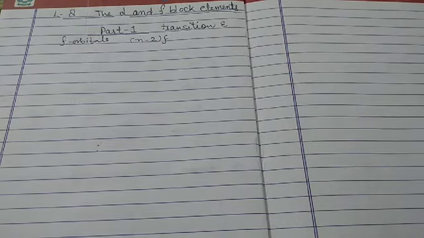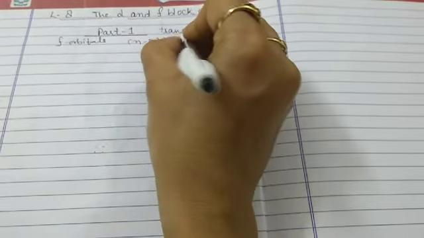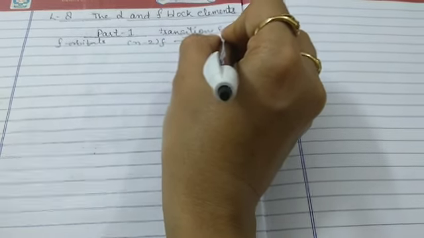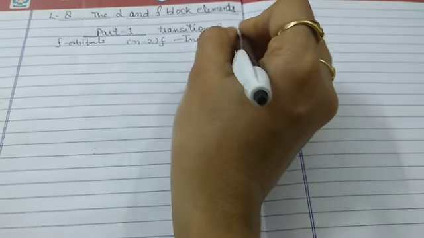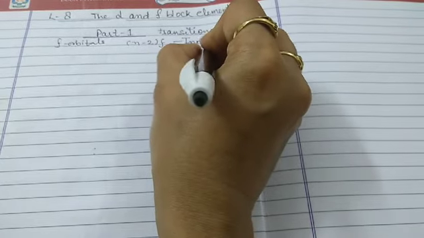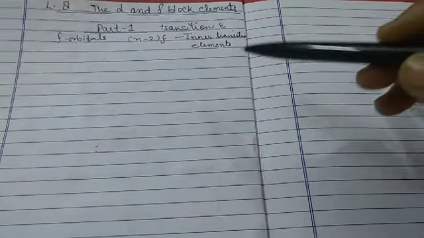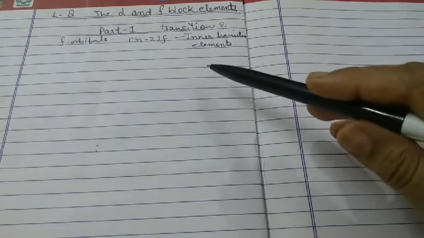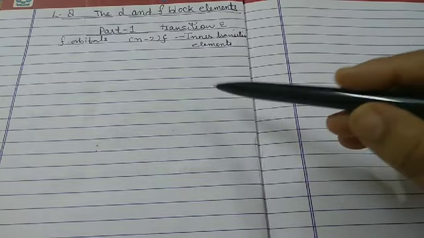Therefore, these elements are also called the inner transition elements. These consist of two rows of elements placed at the bottom of the periodic table.